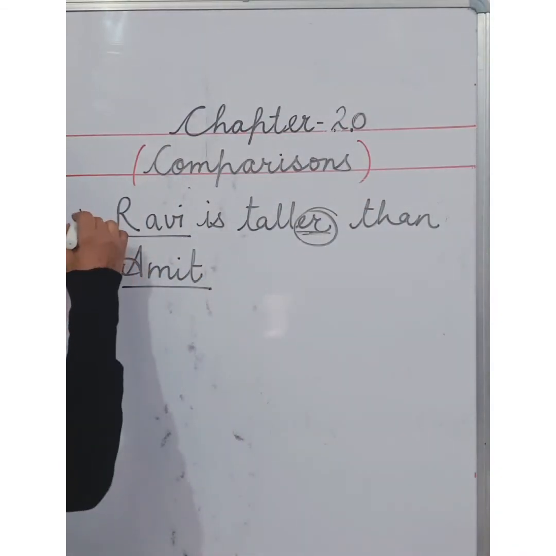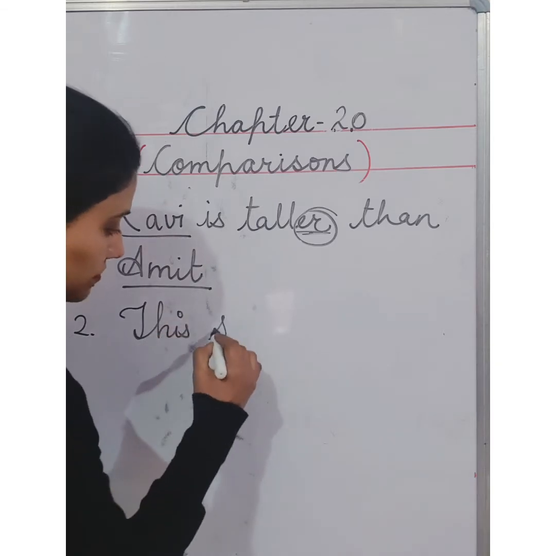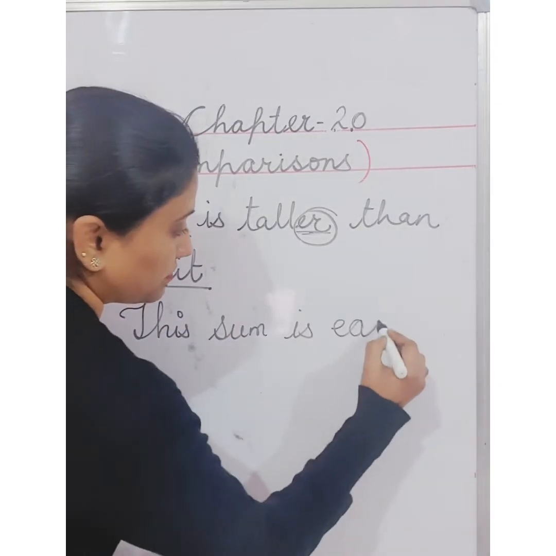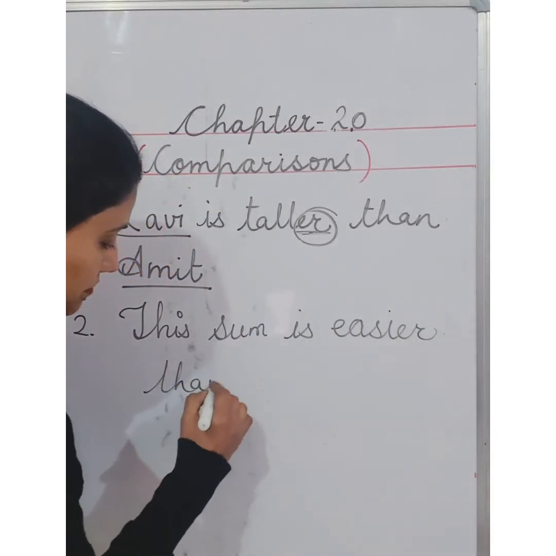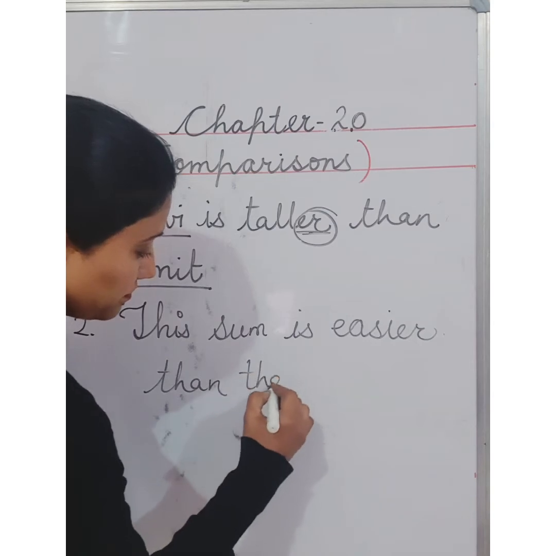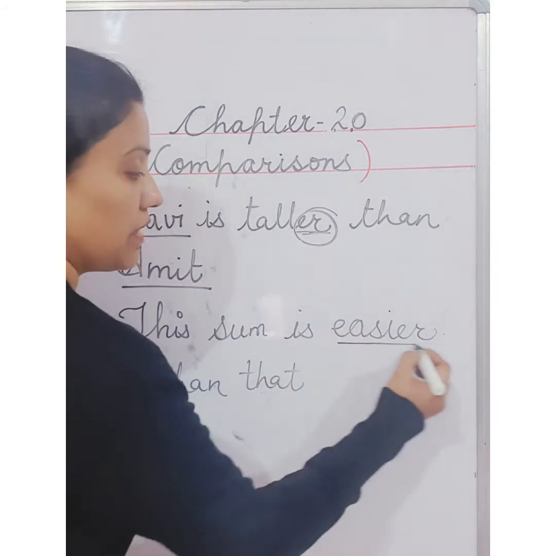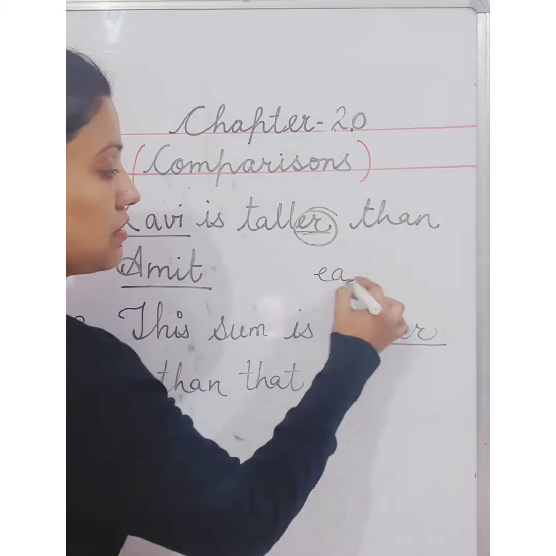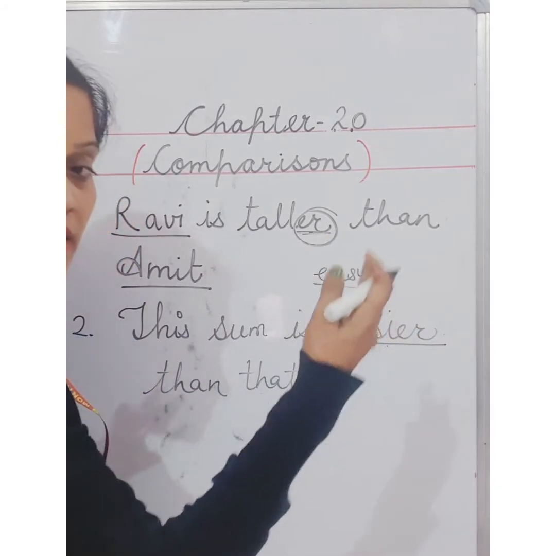Second is this sum is easier than that. Now I am talking about sums. This sum, I have written here easier. Easy is the first degree, so this is the second degree: easy, easier, easiest.